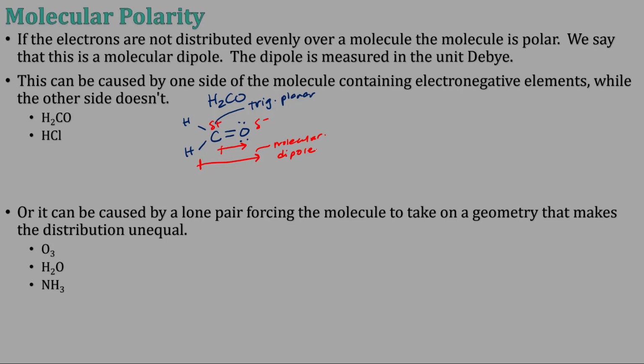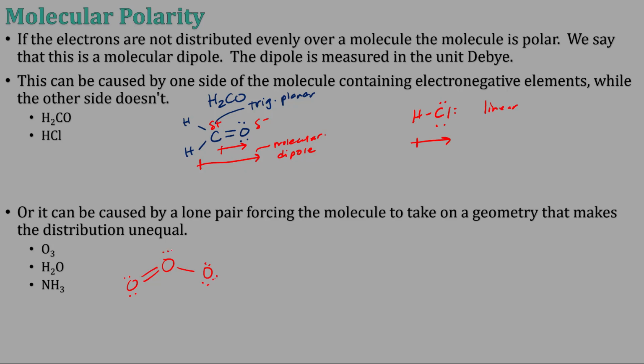And then if we look at HCl, this would be linear because it's just 2 atoms, a straight line, and chlorine is pulling electron density away from hydrogen, and so it would be polar in that direction. We can also look at lone pairs forcing the molecule to be polar. So if we look at O3, O3 doesn't look like it would be a polar molecule because it's all the same atom.